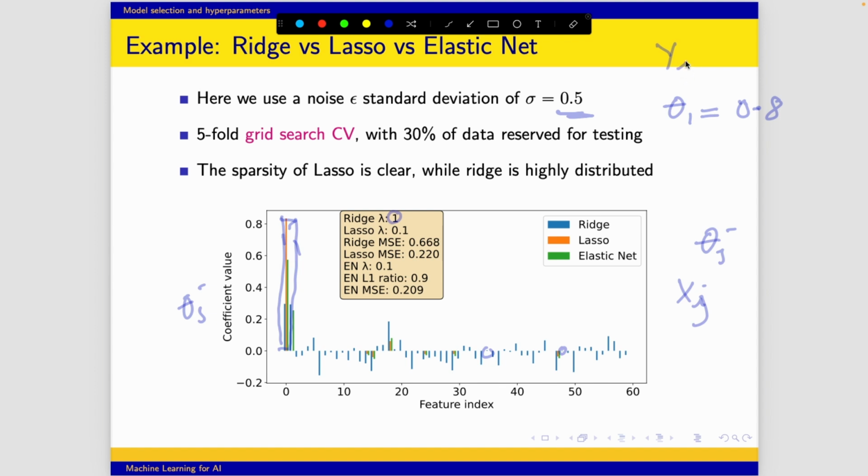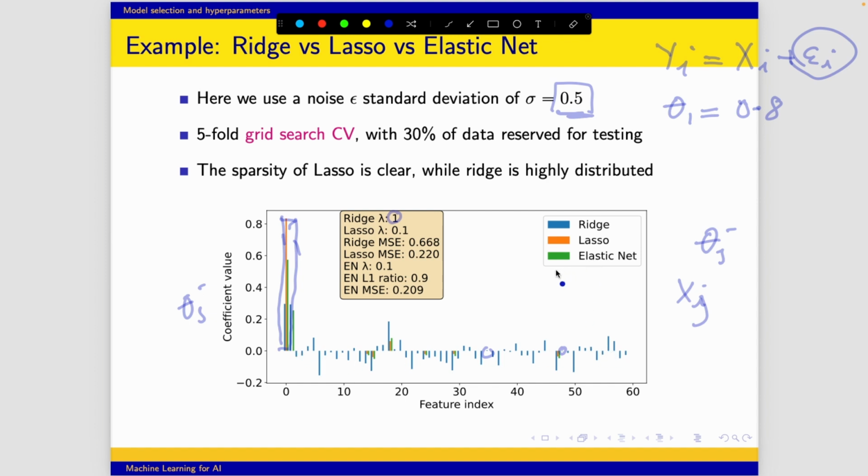Our yi's are xi, the vectors, plus epsilon i, and this epsilon i has quite a large standard deviation. So this is why they're not all quite 0. But certainly we do get a good degree of selection. It set most of them to 0.